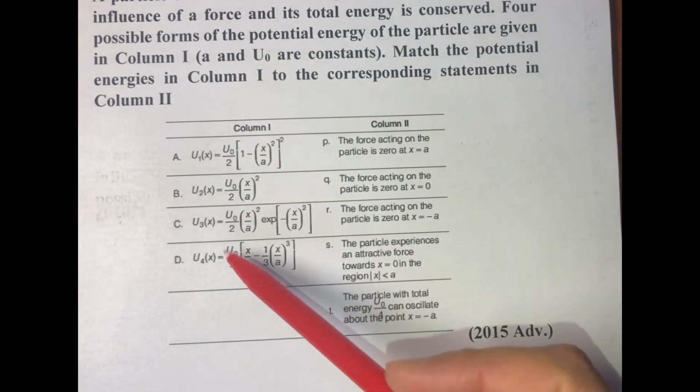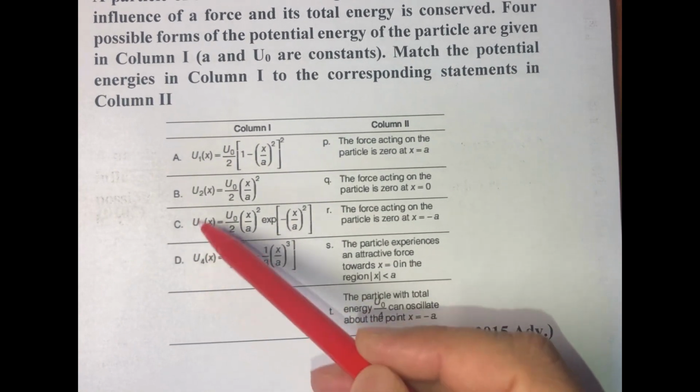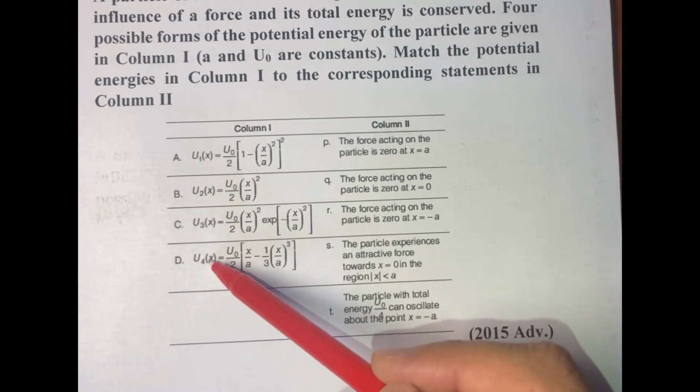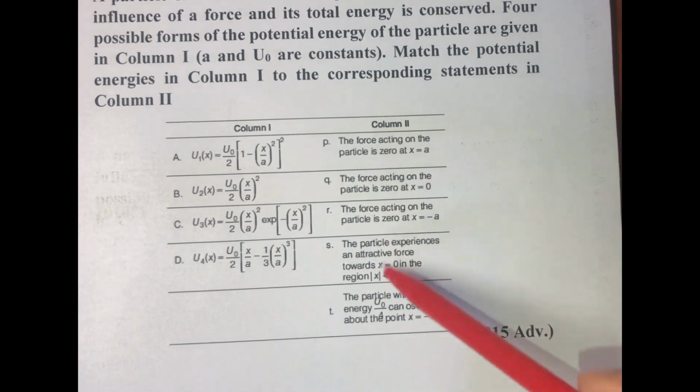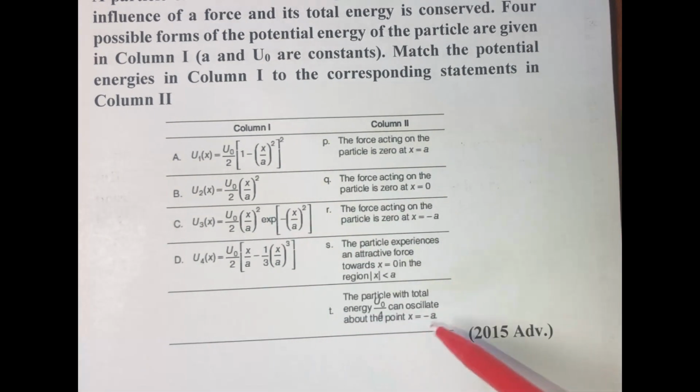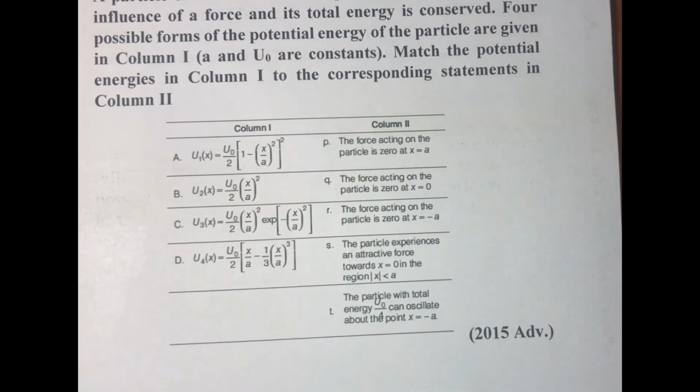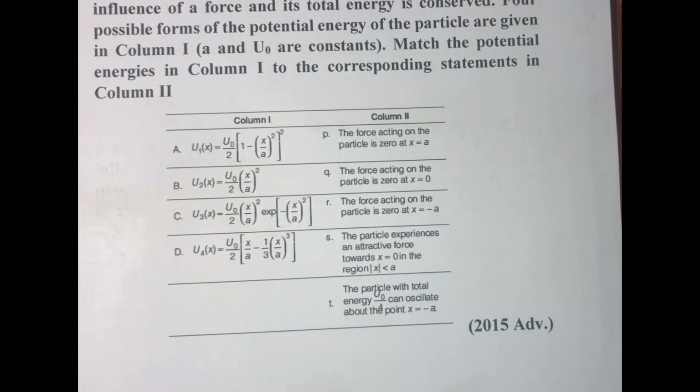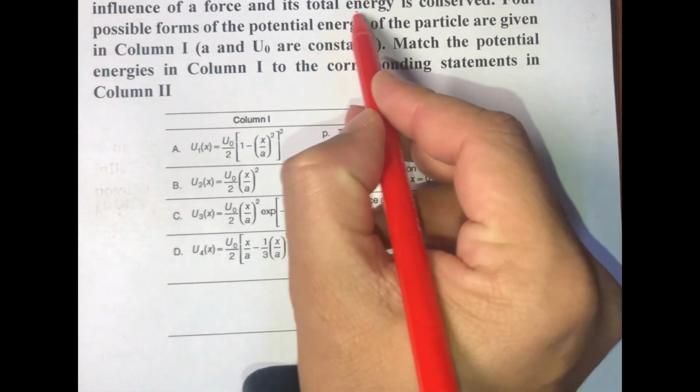So this is column 1, which has four types of potential energy, and these are the various options with which we are going to match them. First of all, it is given that the total energy is conserved.